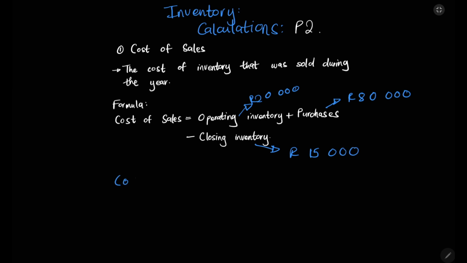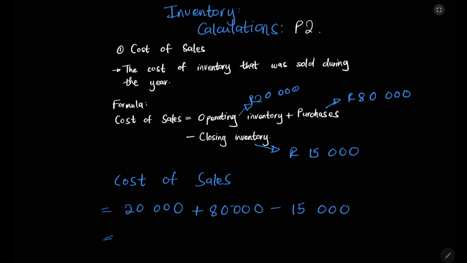To calculate our cost of sales, we'll say we have our opening inventory, which is 20,000 Rand, plus our purchases, which is 80,000 Rand, minus your closing inventory, which is 15,000 Rand. And 20,000 Rand plus 80,000 Rand minus 15,000 Rand is 85,000 Rand.